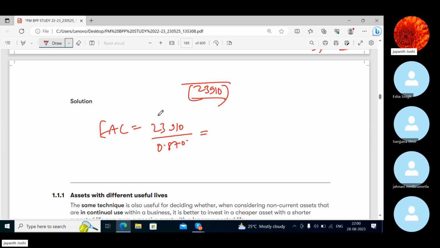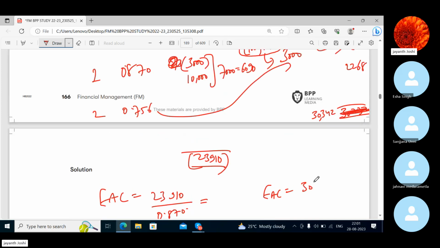Now tell me what's the equivalent annual cost for the first replacement cycle, and the equivalent annual cost for the second replacement cycle is going to be 30,342 divided by the annuity factor 0.870 plus 0.756.